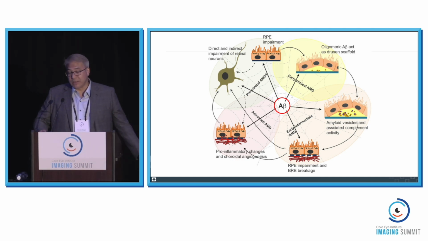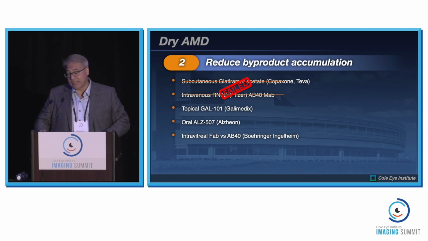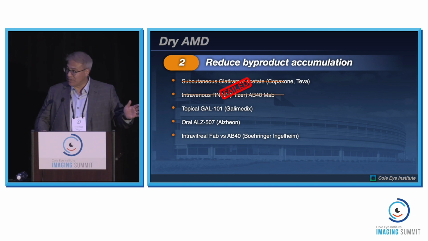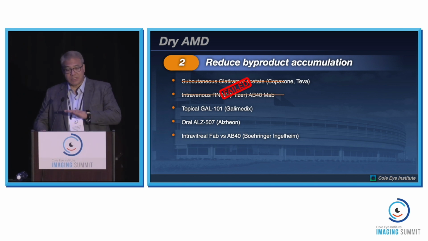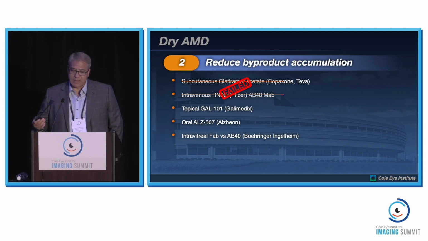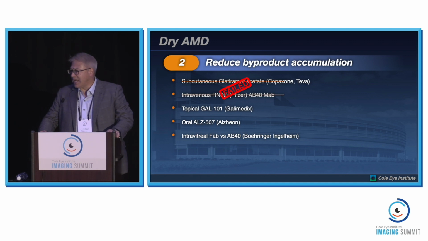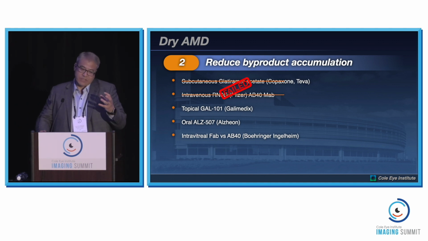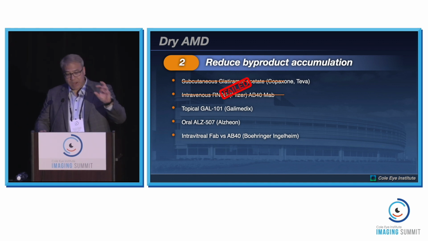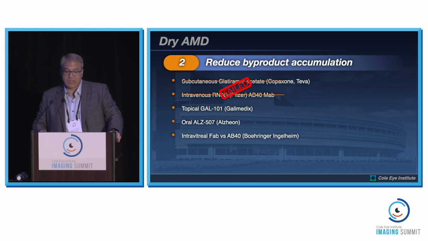Now, this is being looked at. There have been some failed studies using beta amyloid inhibitors that really just came from the Alzheimer's world, and they brought it into ophthalmology. But a couple of companies are using the idea of being a little bit smarter about this. The interesting one there is Galimedix, which is using an eye drop that prevents these monomers from forming into toxic oligomers.